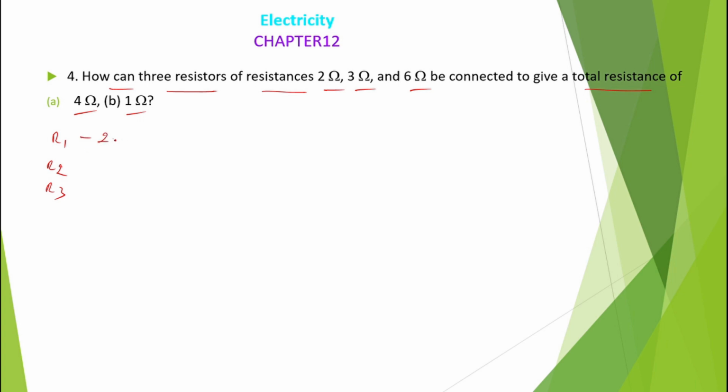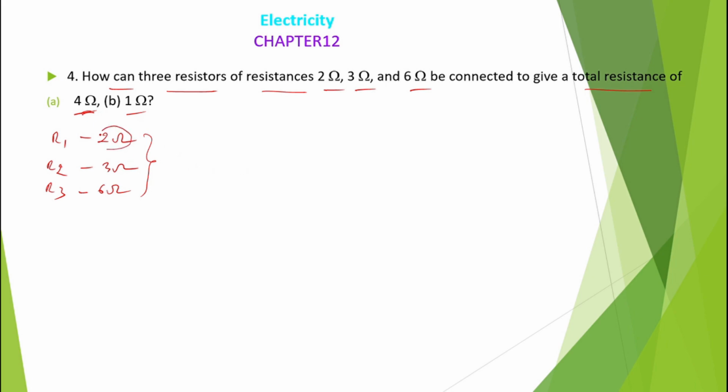So R1 is 2 ohm, R2 is 3 ohm, R3 is 6 ohm. Now he is asking the total resistance. You connect these three resistances either parallel or series, but you have to get resistance R. So trial and error we have to do.